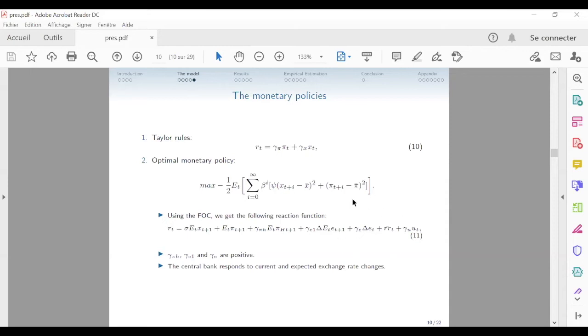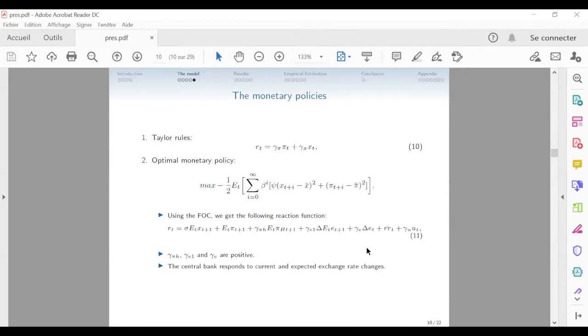What is interesting here is that using an optimal monetary policy, the central bank is going to respond to expected changes and current changes in the exchange rate. An expected depreciation, as I said before, has a positive effect on the output gap, which leads the central bank to increase the interest rate. Concerning the current exchange rate depreciation, it will directly increase the CPI inflation, which will also lead the central bank to increase the interest rate.